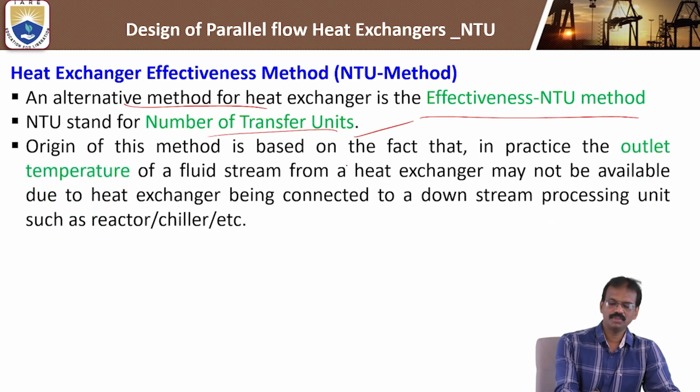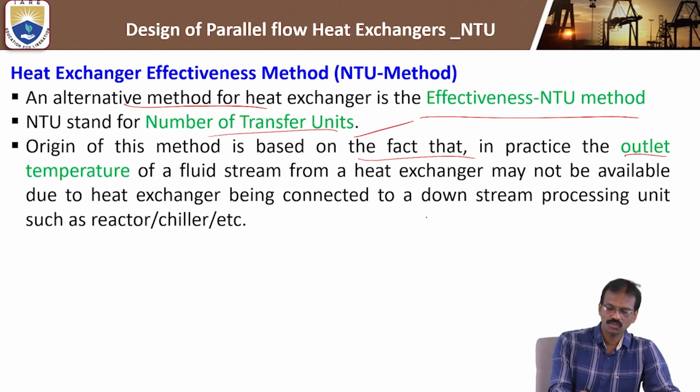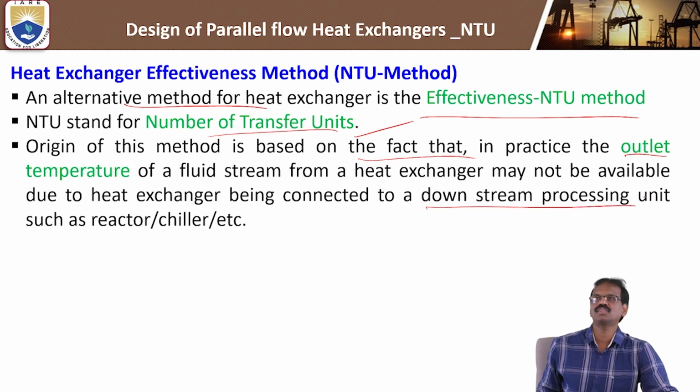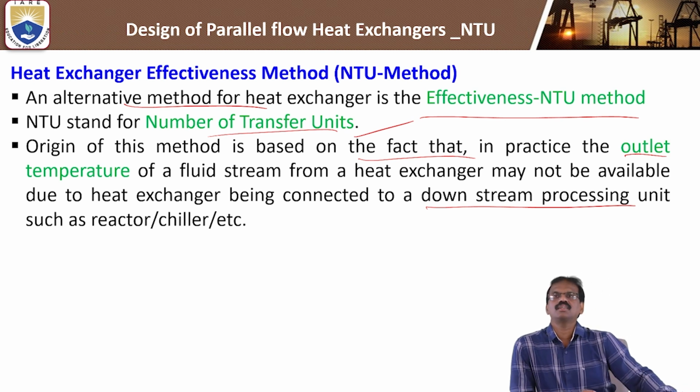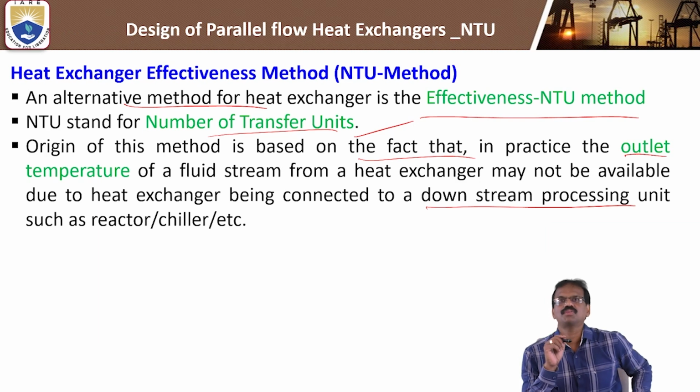The origin of this method is based on the fact that in practice, the outlet temperature of the fluid streams from the heat exchanger may not be available due to the heat exchanger being connected to a downstream processing unit, such as reactors, chillers. We'll see outlet terminals are connected to downstream processing units. So due to that, we are unable to take the readings of outlet temperature of the fluid.